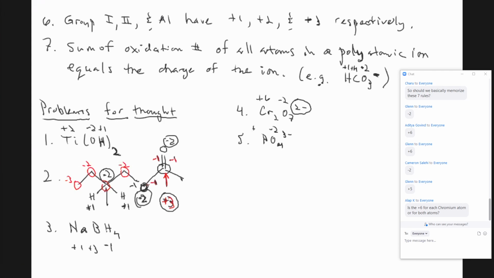So this has to be +5. Remember, +5 minus 8 has to equal -3, right? So this has to be +5. Simple math we're doing here. Got to keep up with the arithmetic. So far, so good?